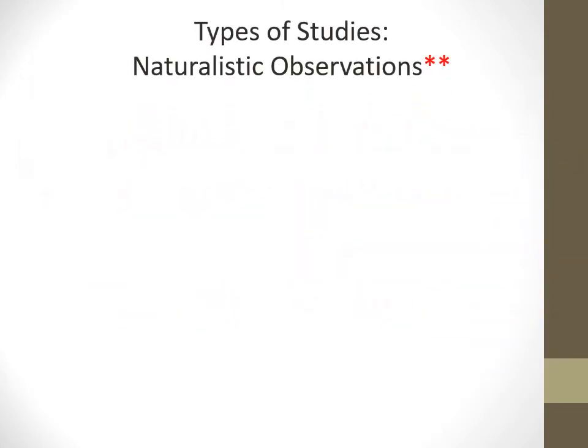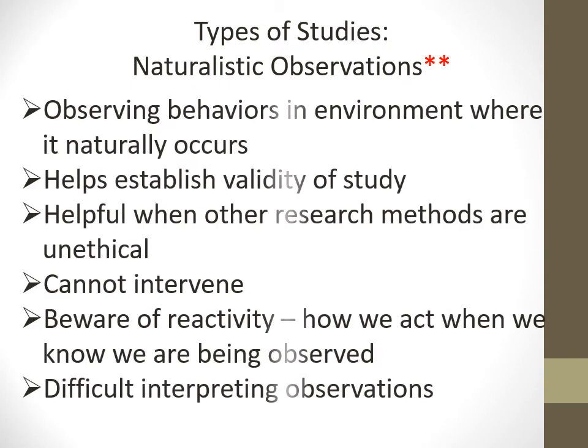Different types of studies. One of them is naturalistic observations, which is watching situations as they occur without interference. This helps establish validity of a study. If you observe something in your study in real life, you can fairly and honestly say that your results extend to the general population.